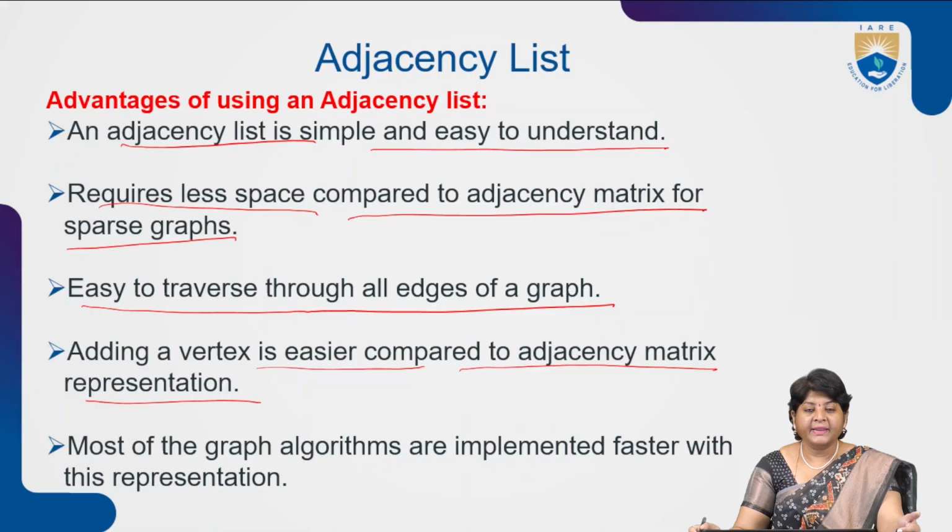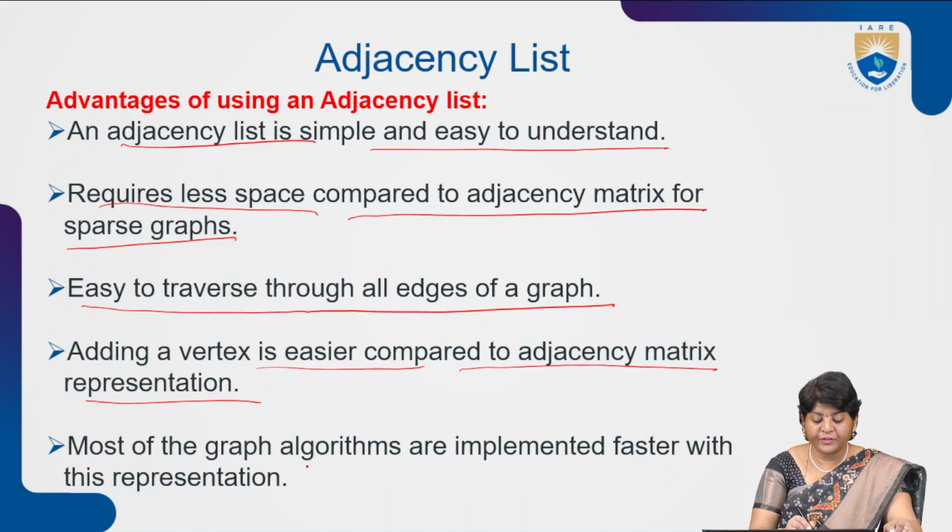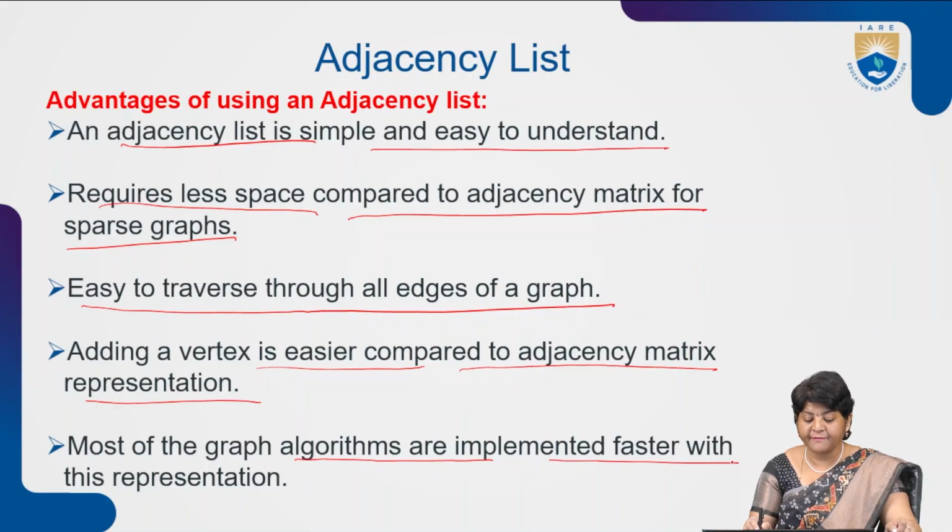To add an edge or delete an edge will be difficult in adjacency matrix, but here, adding a vertex is easier when compared with adjacency matrix. And most of the graph algorithms are implemented faster with this representation.